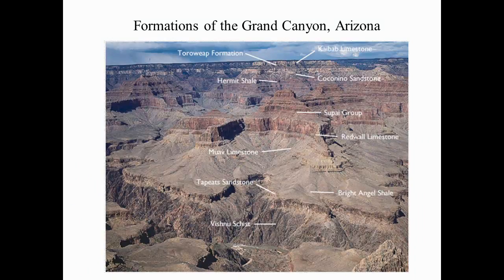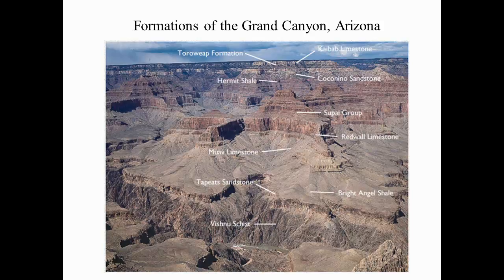So again, here are the formations of the Grand Canyon, and here the formations are largely distinguished on the basis of lithology. So again, we have the Kaibab limestone at the very top, the Coconino sandstone, for example, the Bright Angel shale. So it's pretty straightforward in distinguishing these formations, but in other places, the distinction may not be readily apparent.